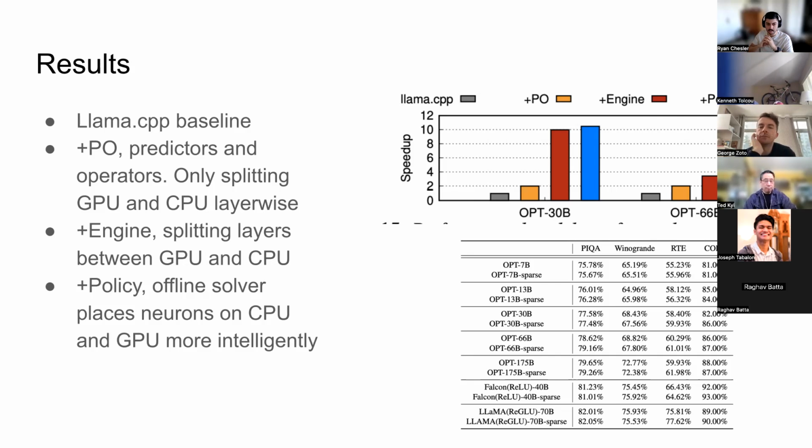So I assume turning off the cold neurons entirely would probably be catastrophic. I think that you would get almost no performance out of that.